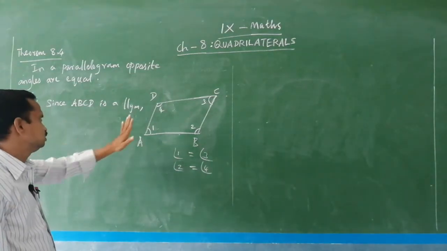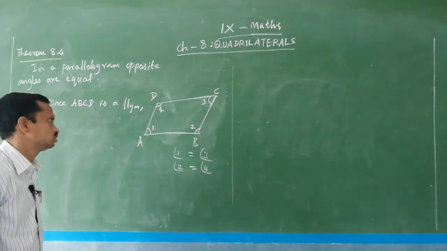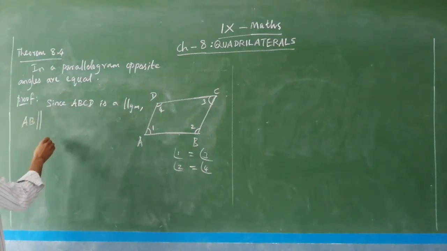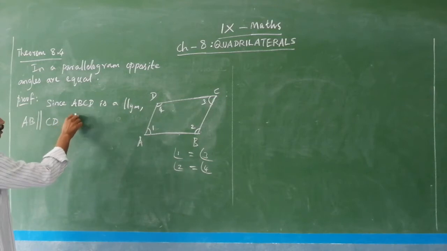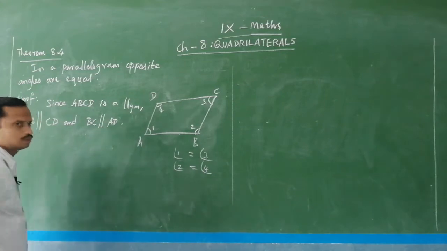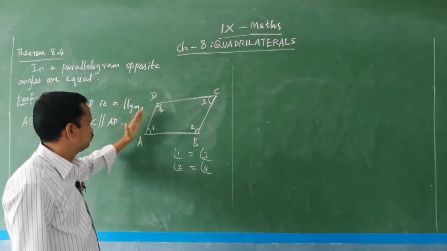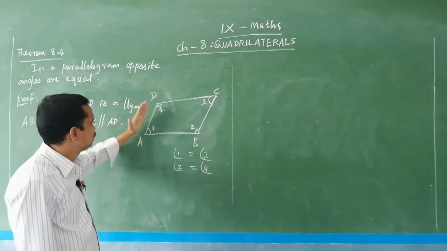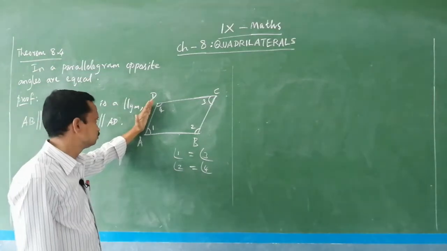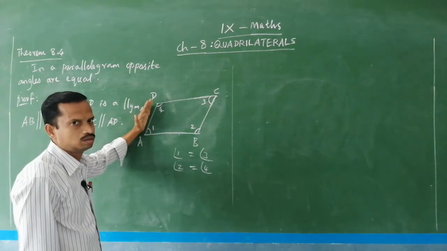So, ABCD is a parallelogram means you can apply the lines and angles concept. AB parallel to CD and BC parallel to AD, isn't it? So, these two are parallel. For example, if you take AB parallel to CD, then AD you consider as transversal. Okay. Therefore, angle 1 and 4 are supplementary.